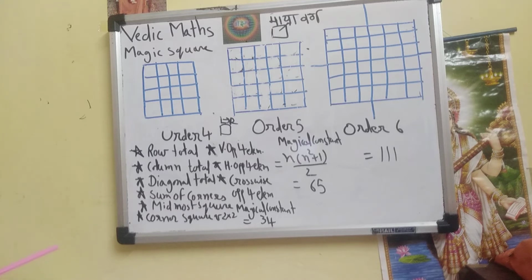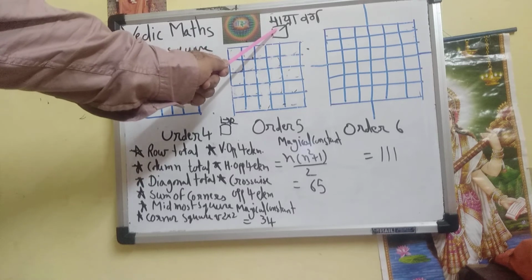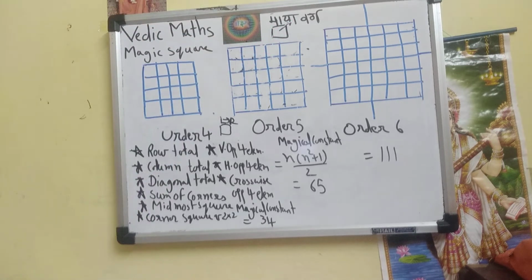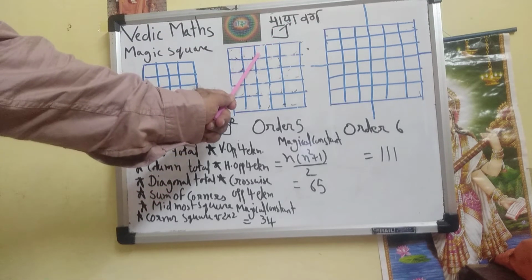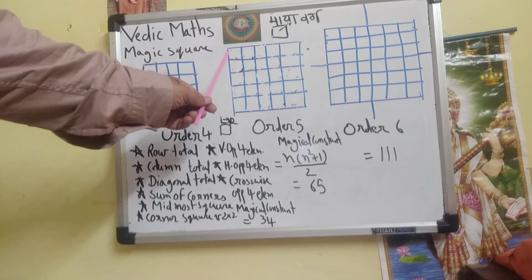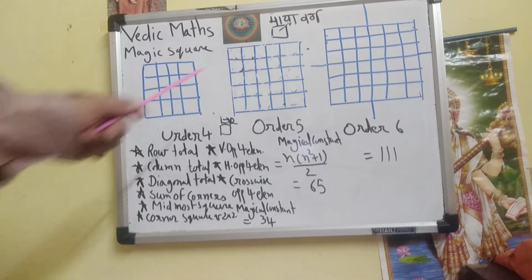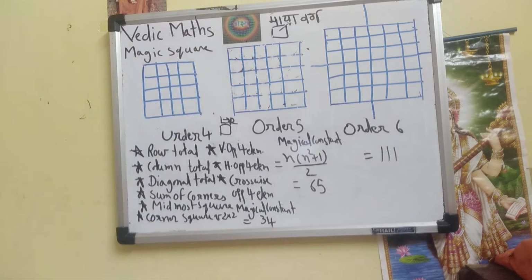The process is to remember only one direction: upright, crosswise, or like this, move upward then towards right. We start with the midmost cell of the first row.